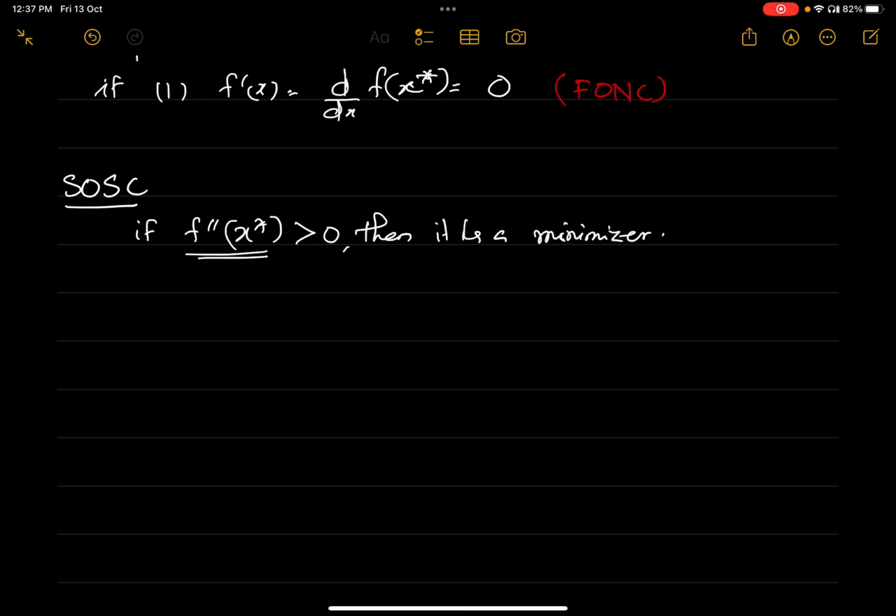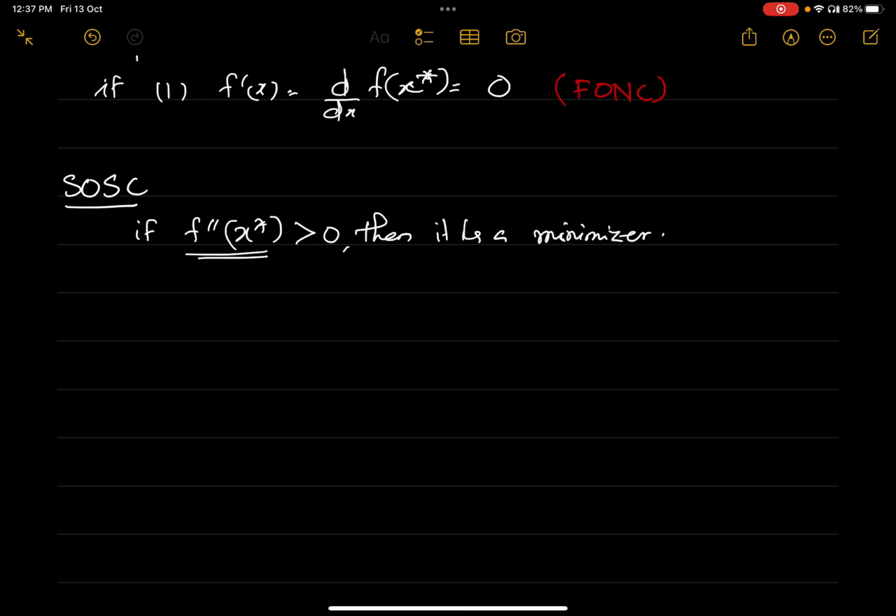But the caveat here is, does every minima point satisfy this condition? No. So there is a high possibility that even though this condition is satisfied, it does not give you all the minima points. You might miss out on a few minima which don't satisfy this condition.